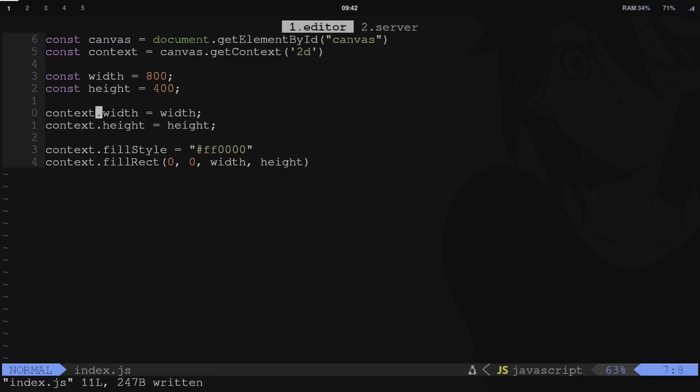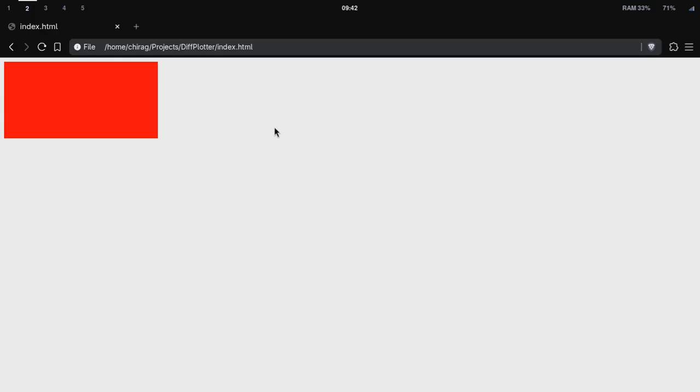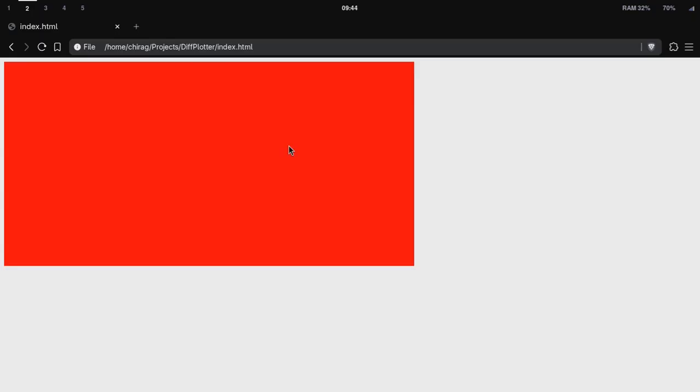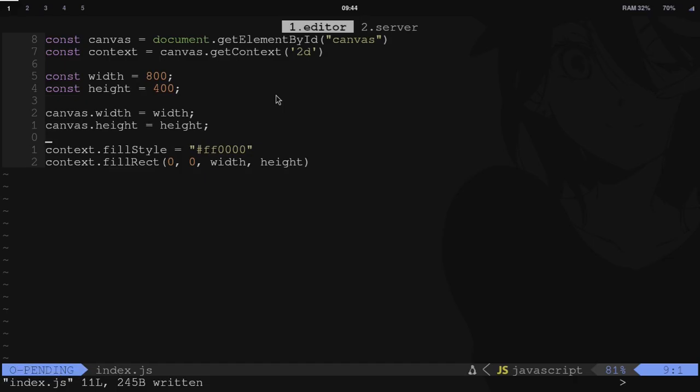Context.width should set the width and context.height should set the height, but it isn't somehow. See, I'm pretty sure this is working. Yes, this is working. I'm actually the one really dumb here. It should be canvas. I looked it up and it said you are the man. Okay, so now it works.